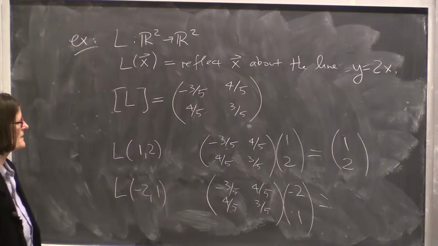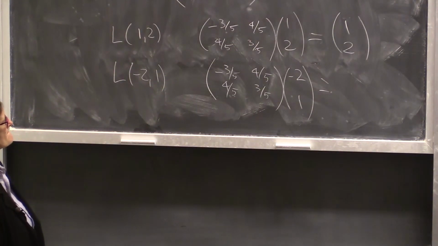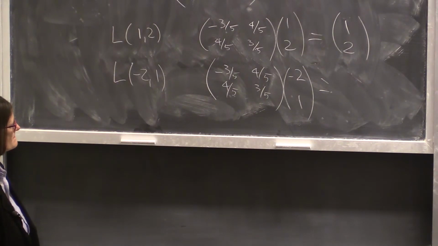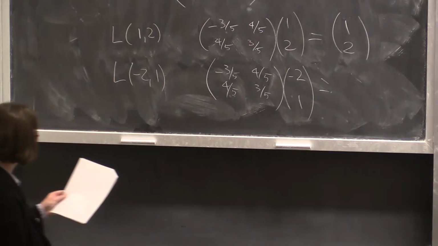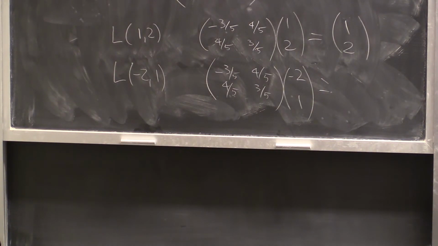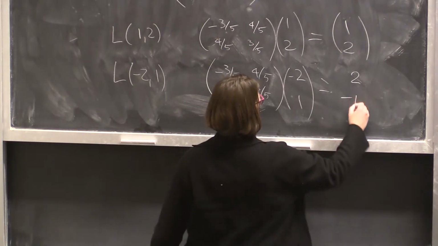Okay, the second product. Minus 3/5. What's the first entry on the right-hand side for the next one? 2. And the second entry? Minus 1.